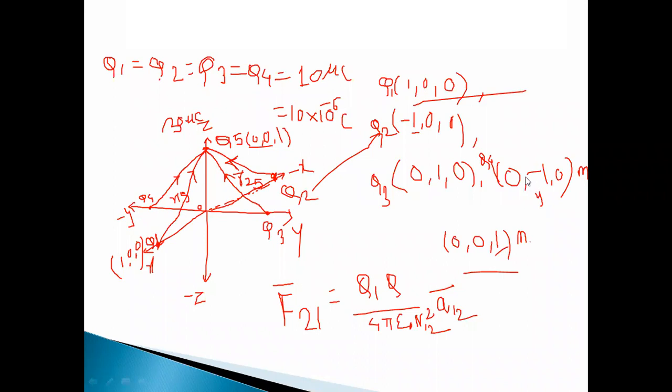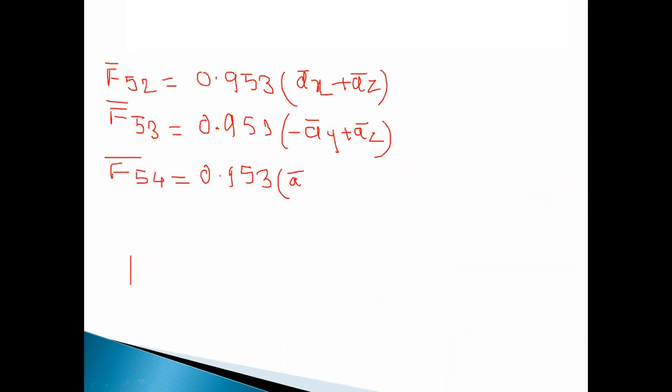This Q4 is having 0 minus 1: 0 means it is 0, and for the second coordinate, minus minus 1 means it should be 0 plus 1, na. Okay, so it is plus a bar y and plus a bar z, right?